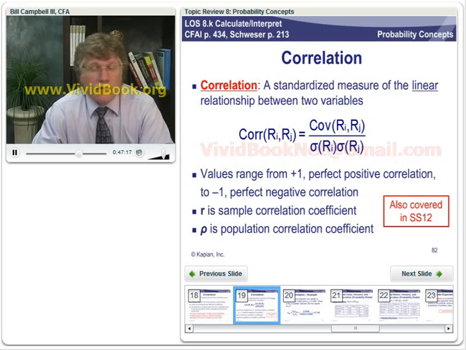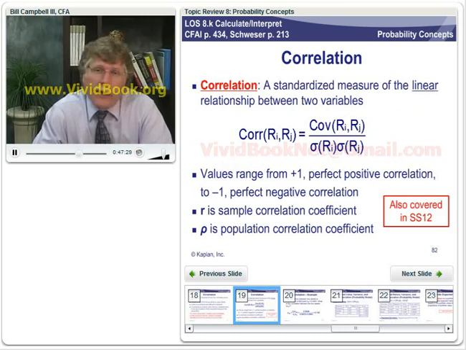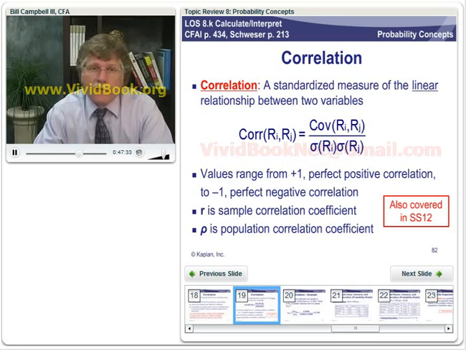Standard deviation of the y's is in the same units as the y's. So we take that covariance, which has the units of the x's times the units of the y's, and we divide by the two standard deviations. That gets rid of all of the units. We end up with a number we call correlation.